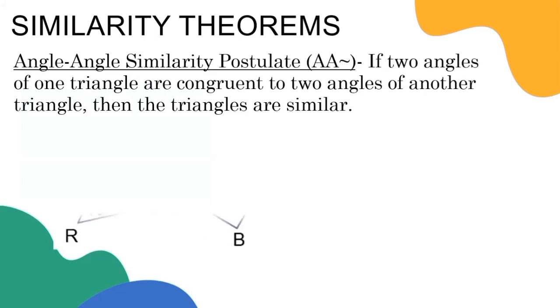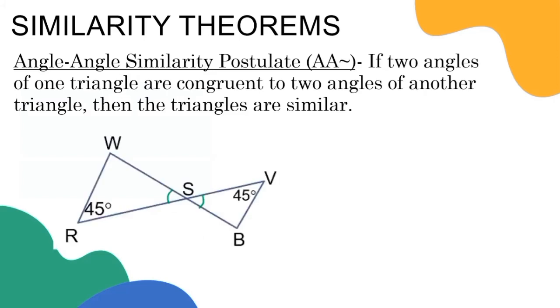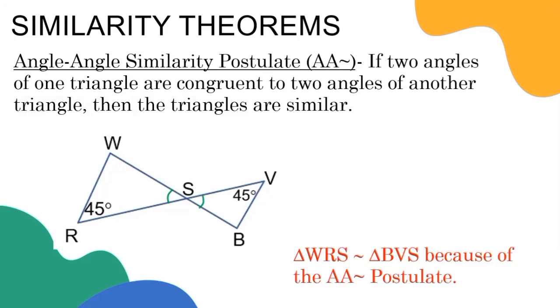So we have here these two triangles, WRS is similar to triangle VBS because of the AA postulate, because of the two angles that are congruent.